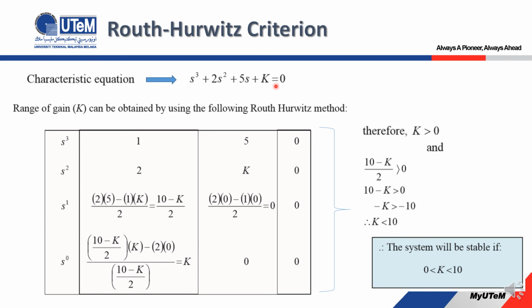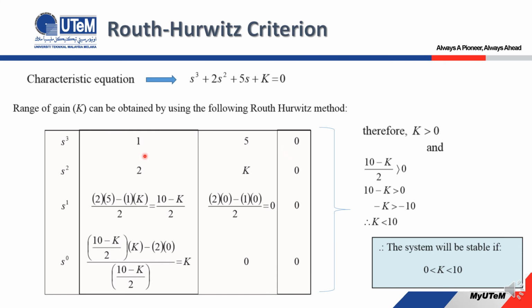From this characteristic equation, we can investigate what the value of K should be so that the system is in stable condition. In order to do that, first we have to come up with this RH table. The procedure is the same as what we discussed before.